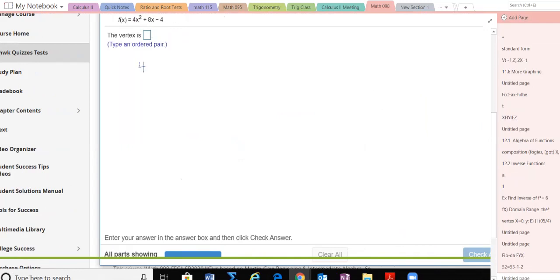So first thing is we have 4 times x squared plus 2x minus 1, right? Okay, so that's what f of x is. So what we'll do is we'll take the x squared plus 2x, and I'm just going to leave that minus 4 over here like that.